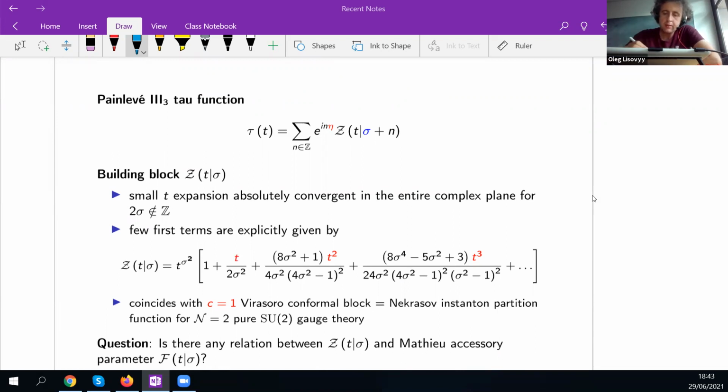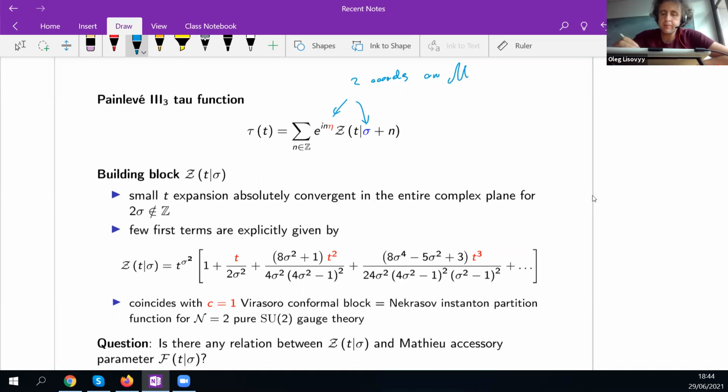The advantage of this representation as compared to the solution of the inverse monodromy problem for Mathieu is that here we are actually dealing with convergent series in the whole complex plane. I forgot to explain the meaning of different parameters. So eta and sigma here are two coordinates on the space of monodromy data.